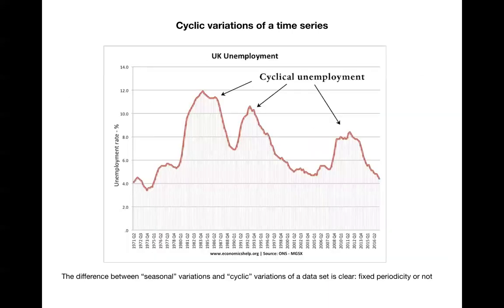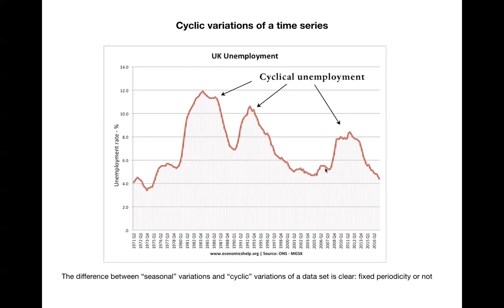If you take a look at this example of time series data, which is the UK unemployment level, you can see that in the past 40 years the unemployment level goes up and down in these ways. All these variations occur at different locations and have different periodicity. For example, this one goes up and down and lasts for about 10 years, and this one lasts for about 5 years.